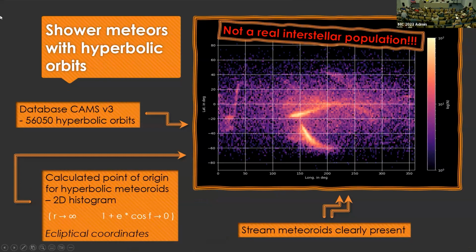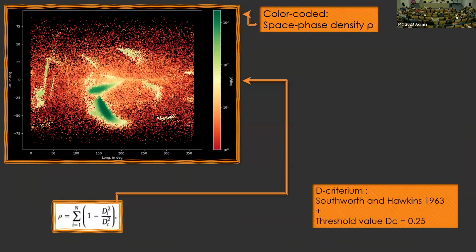And you can make a pretty nice graph like this, visualized in ecliptical coordinates. This is a 2D histogram, so you can see the groups of meteoroids. And this is not a real interstellar population. These groups are actually shower meteors, which got here because of the errors of the measurement.